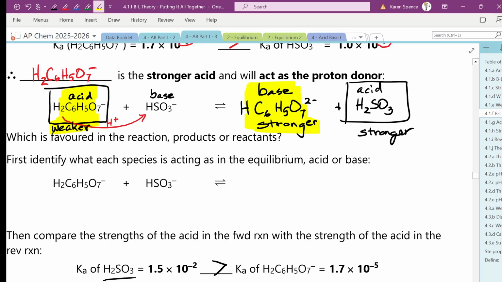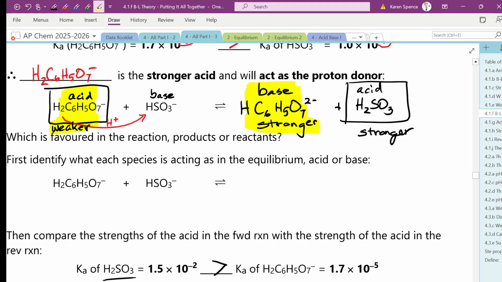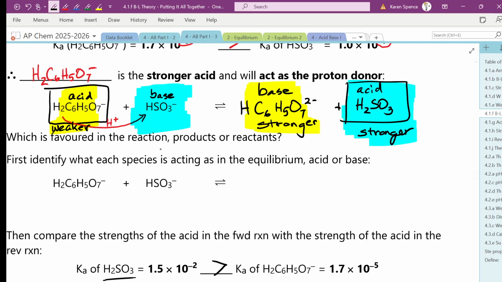So the 2 strong things will always end up on the same side. The 2 weak things will always end up on the same side.